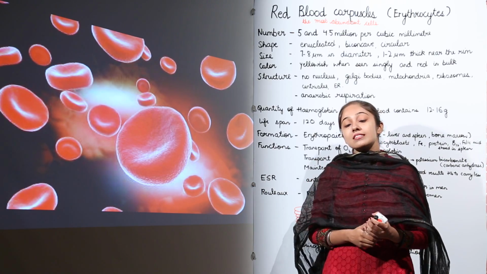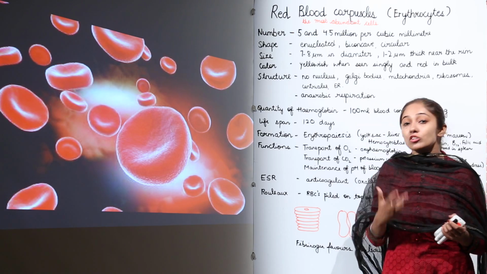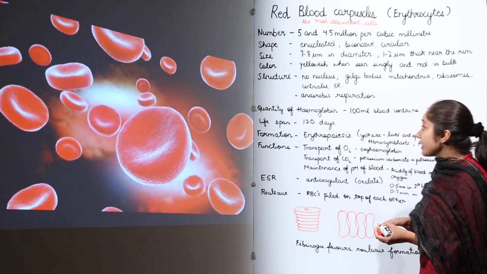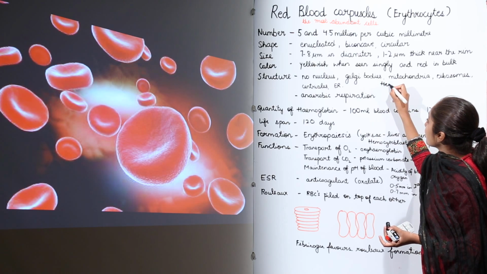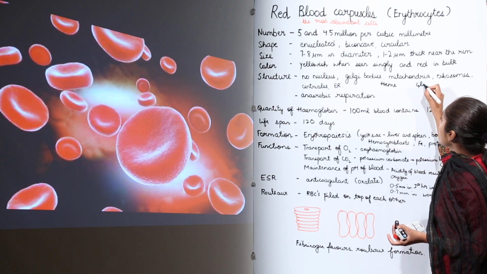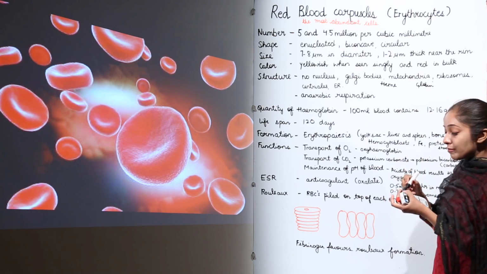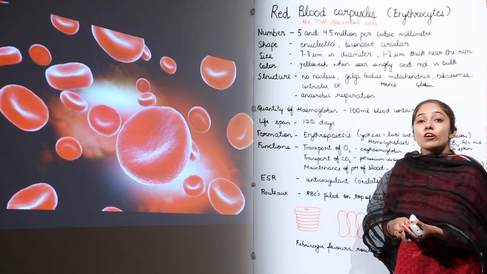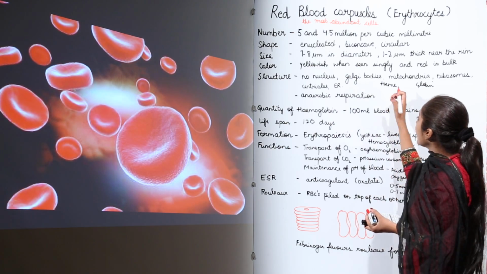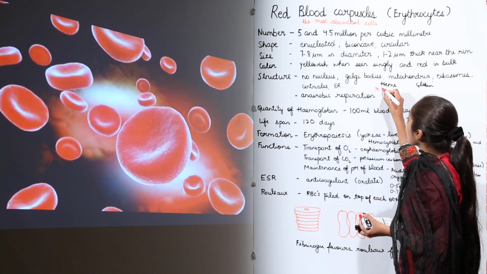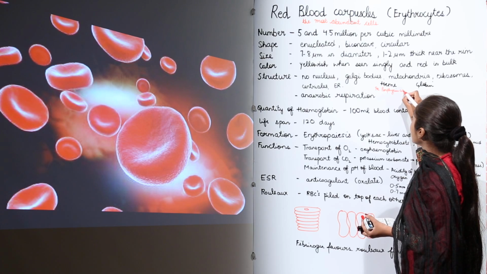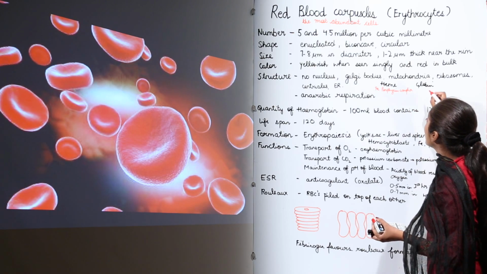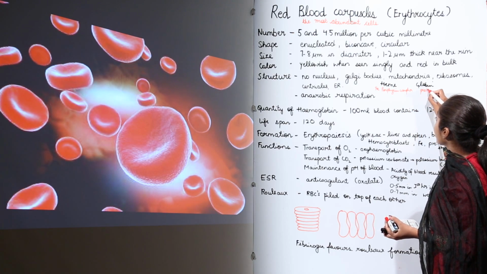Now hemoglobin is a protein conjugated molecule. How is hemoglobin formed? It is formed from heme and globin. Heme is an iron porphyrin complex, and globin is a protein.